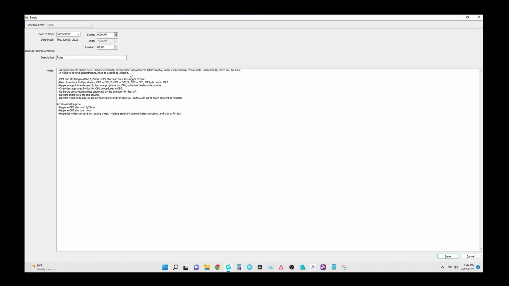I'm going to add just another rule here. If you need to do a combo appointment, meaning let's say that you're doing fillings and an SRP, you're usually going to put both of those appointments and shorten them to the length that they need. So if you can do fillings and an SRP all in the same appointment, and you can get it done in an hour, then you're going to put the filling, let's say it's just an occlusal or a buccal, potentially for a half an hour, and then put the SRP, let's say you're doing just one quad of a limited SRP, at a half an hour, okay?